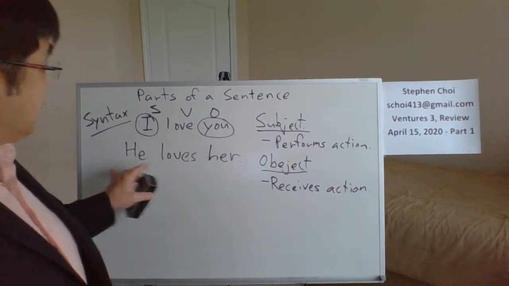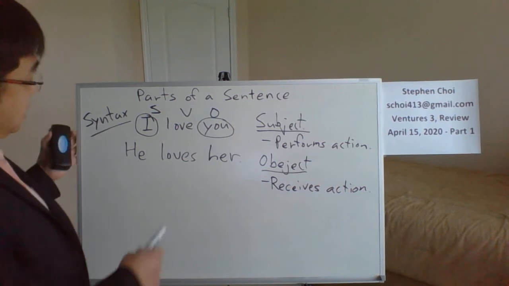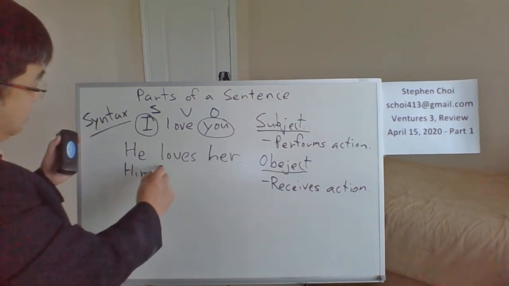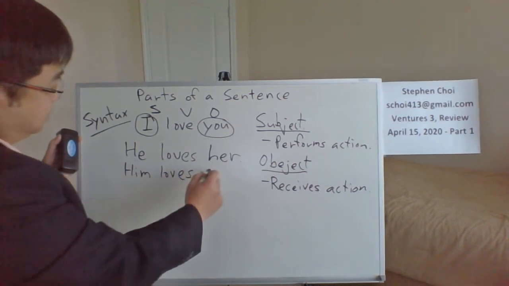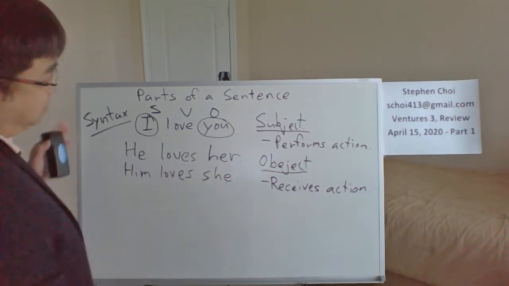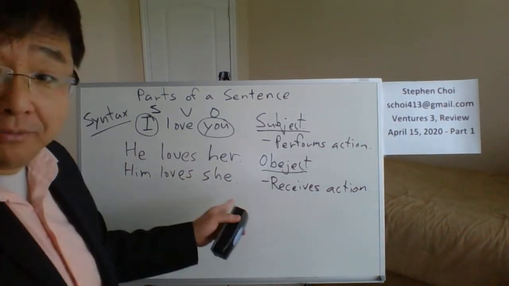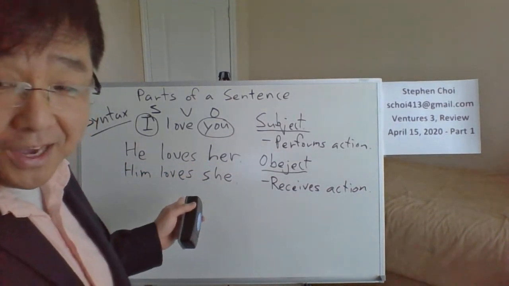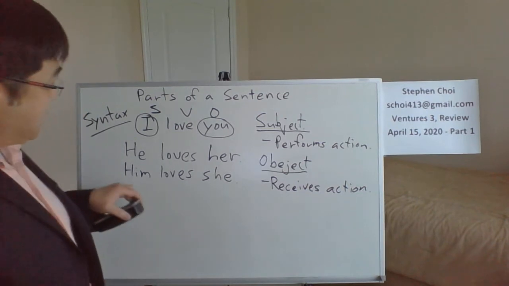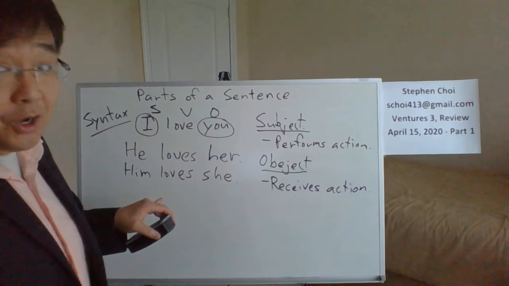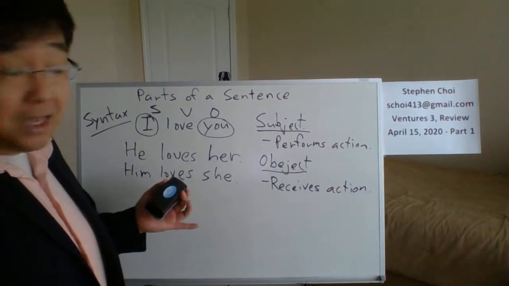The reason why I put it up here is, what if I wrote down him loves she? He loves her became him loves she. Sounds like Tarzan, right? Him loves she. Does that sound right? No, that's not right.